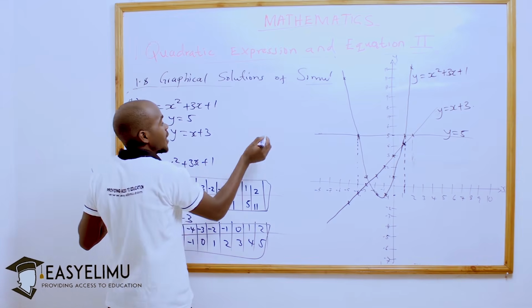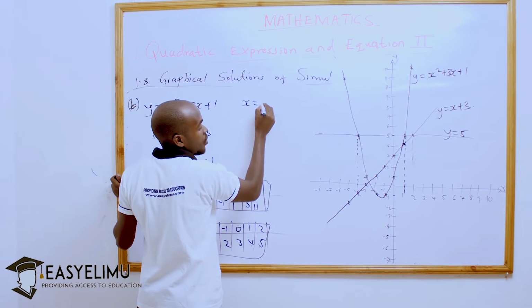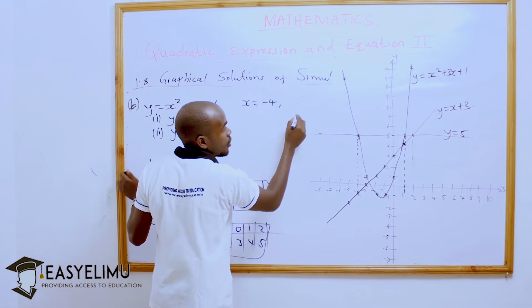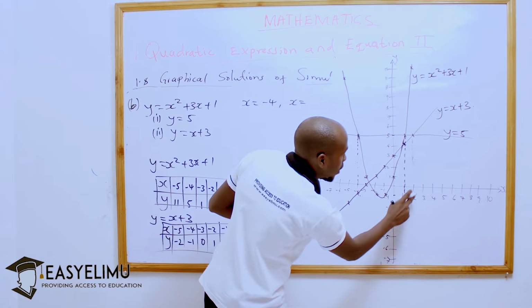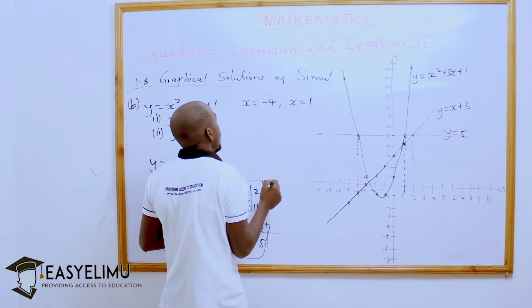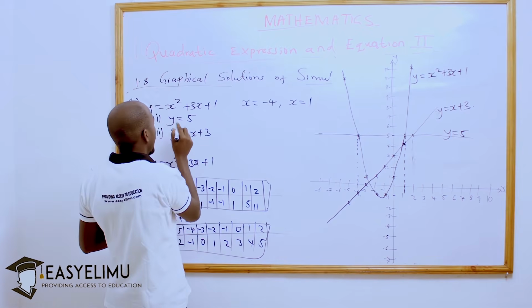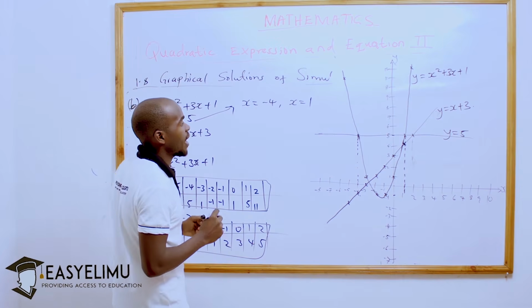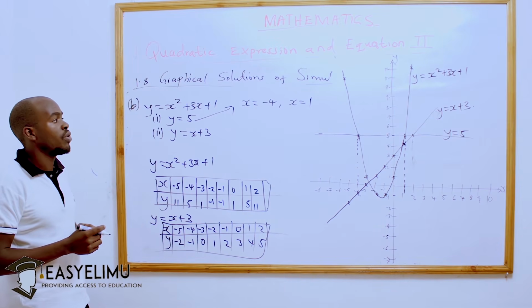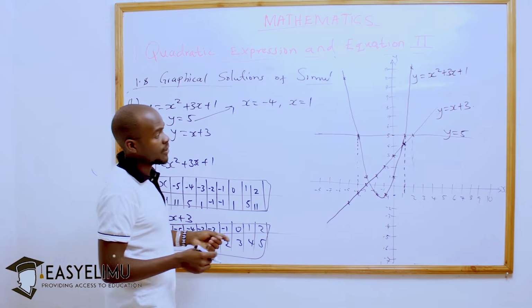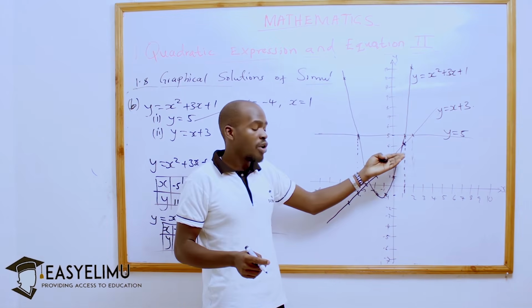We see it cuts it at x equals -4, and also at x equals +1. So for this one, the solutions are x equals -4 and x equals 1. As you have seen, we have already solved that one.